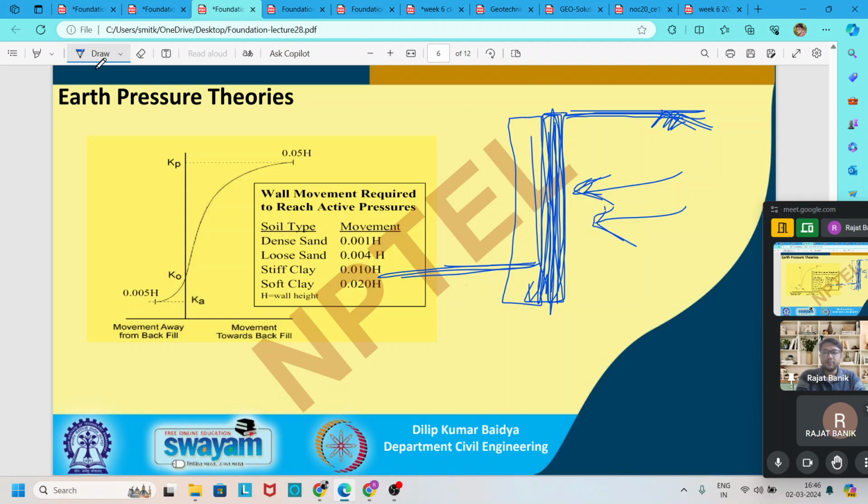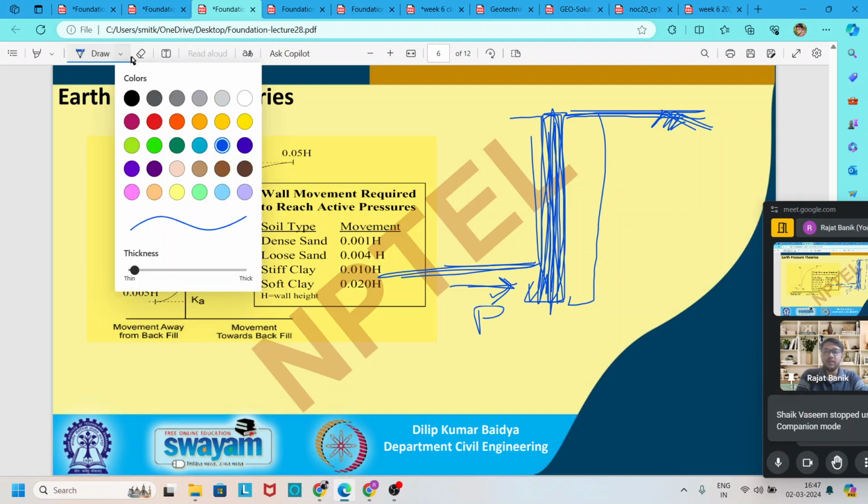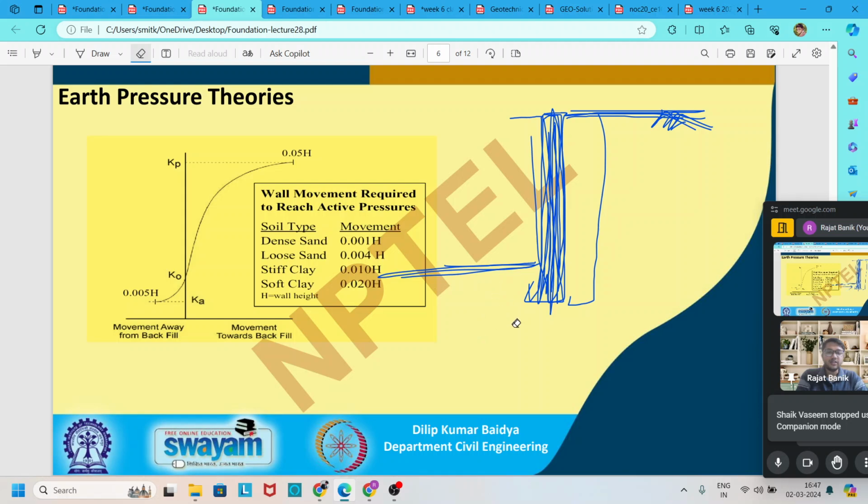If the retaining wall is moved in this direction, that is towards the backfill material, due to the pressure on this side of the soil, then it is called passive earth pressure. If there is no movement, then the pressure is called earth pressure at rest.